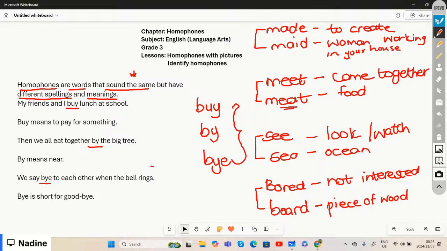So homophones are words with a different meaning and a different spelling, but the sound is the same. So with homophones, what you need to get right is that it sounds the same, but the spelling of the words and the meaning of the words are different. These are examples of homophones.